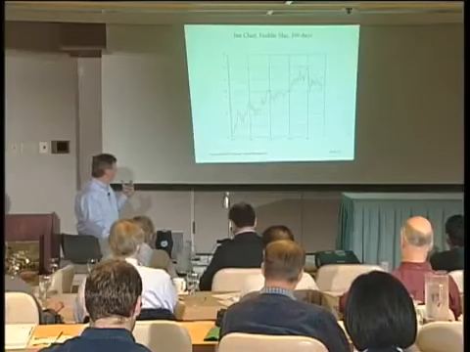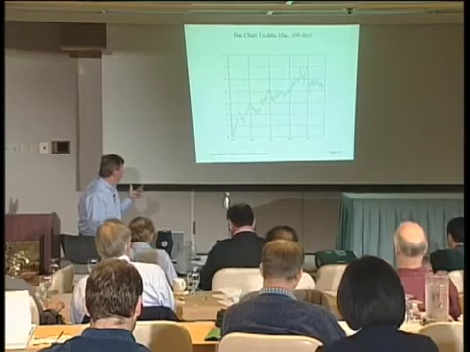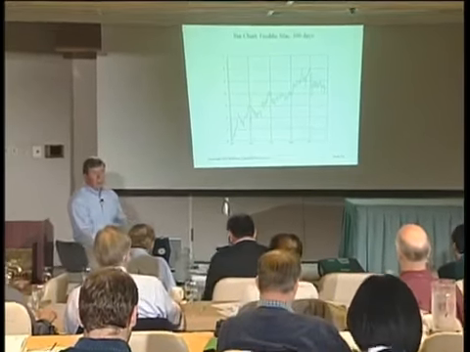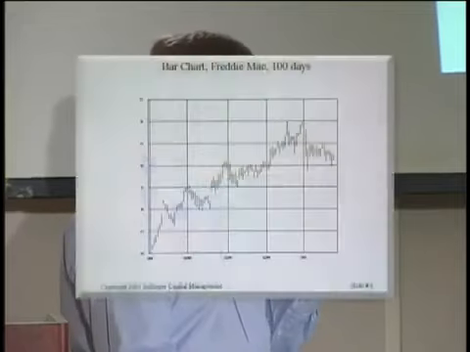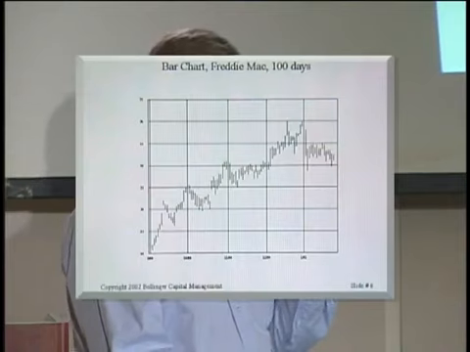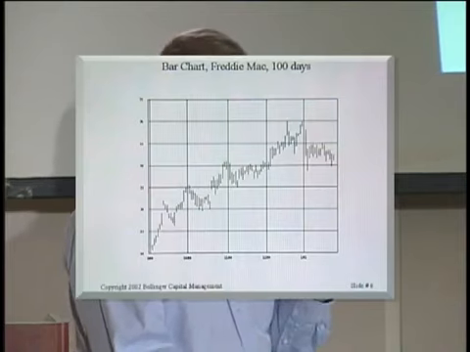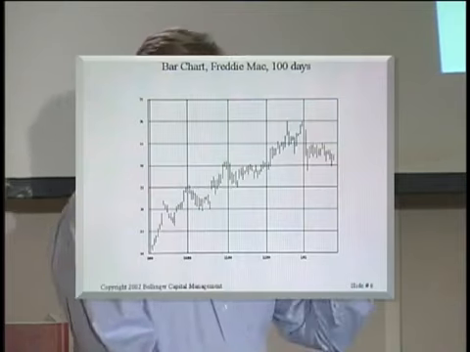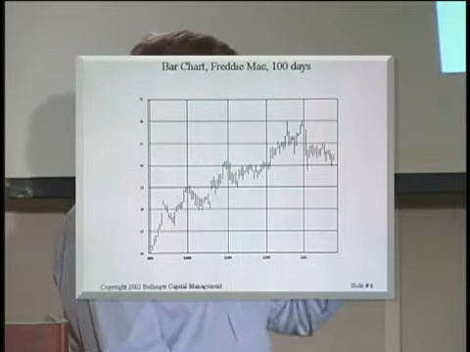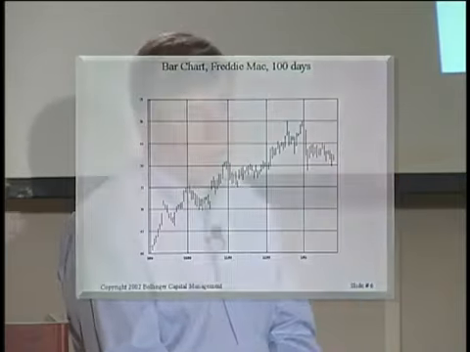So what we've done here is draw the classic chart of technical analysis. Each bar represents one period of trading. It's a line drawn from the high of the period to the low of the period. There's a tick to the left for the opening price and a tick to the right for the closing price.